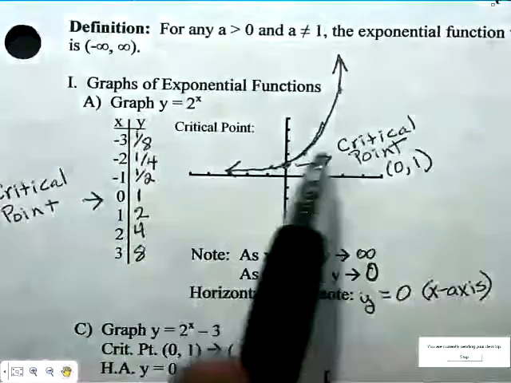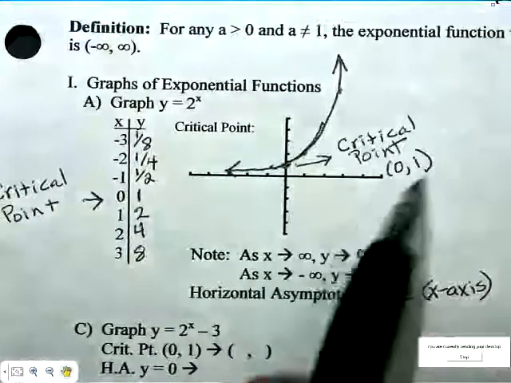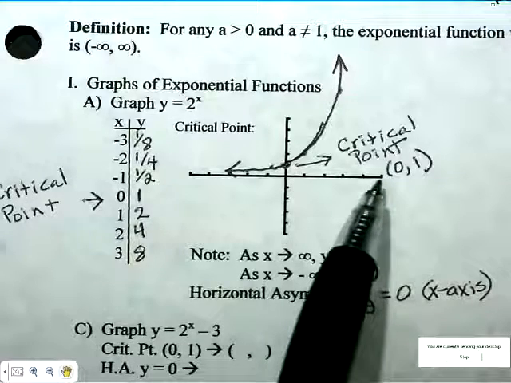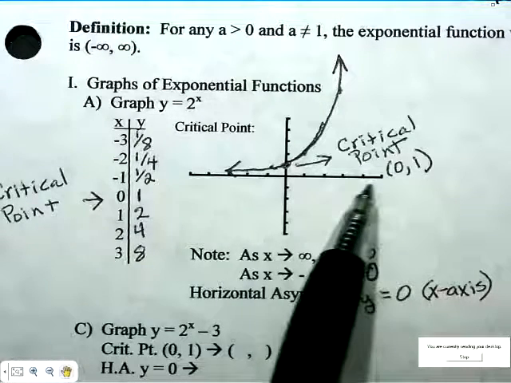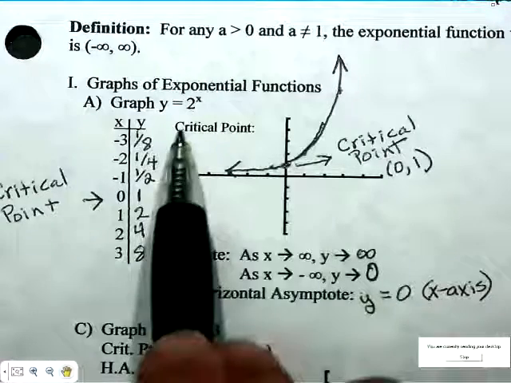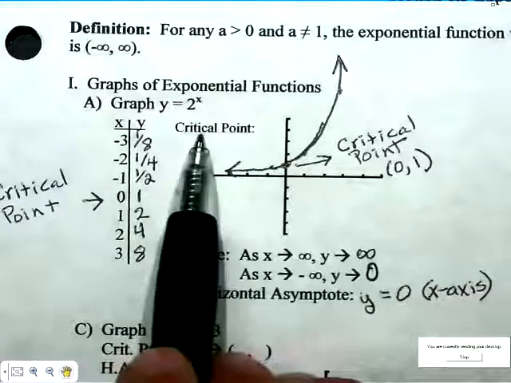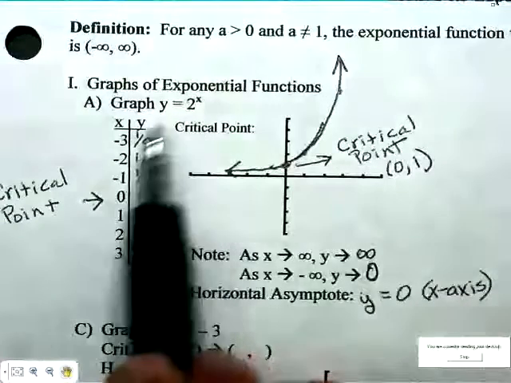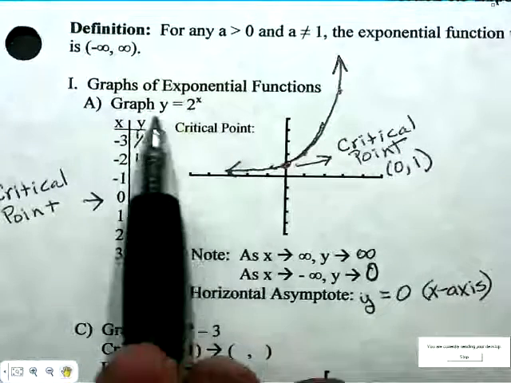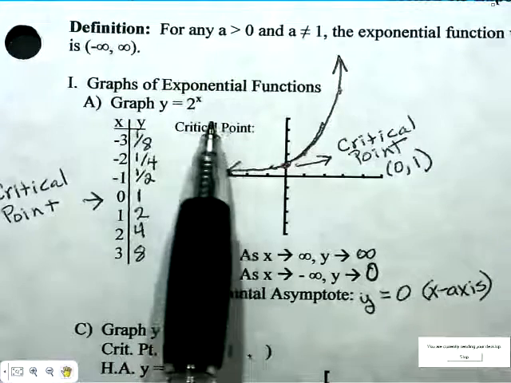Another reason that I call it a critical point is because that point, 0, 1, is on the graph of any exponential function unless it's been shifted left, right, up, or down. For example, if the base was 3, what's 3 to the 0? 1. If the base was 10, what's 10 to the 0? 1. If the base was 1/3, what's 1/3 to the 0? 1.